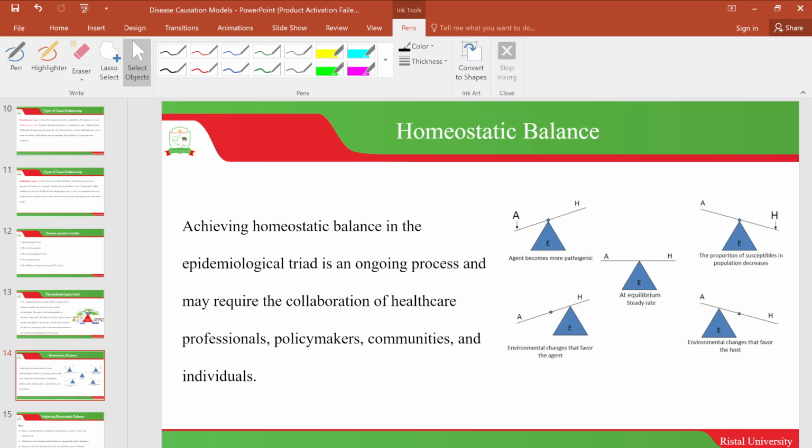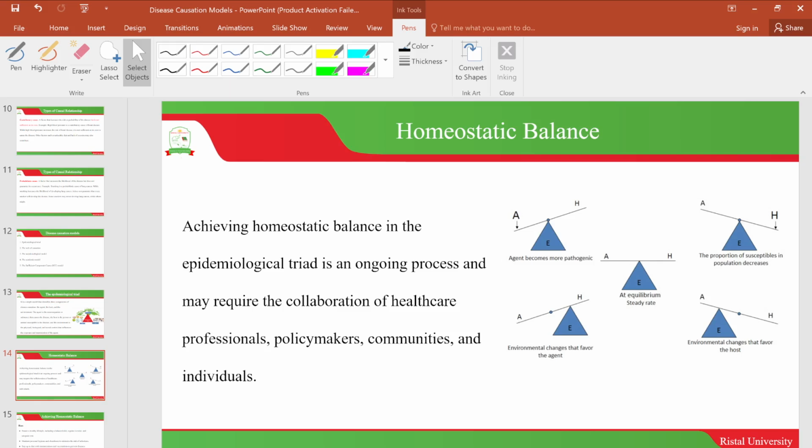There is that swinging around, depending on the prevailing environmental conditions. So sometimes you can have the agent being very pathogenic. That means that it is very powerful. It can cause the disease even with very few numbers. And then you have the situation where the host is actually very strong. That means that the agent is becoming less powerful and not very pathogenic.